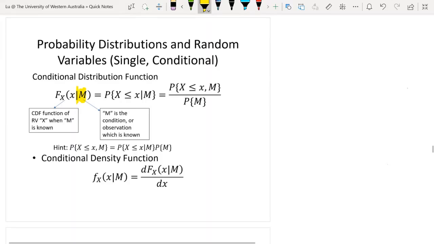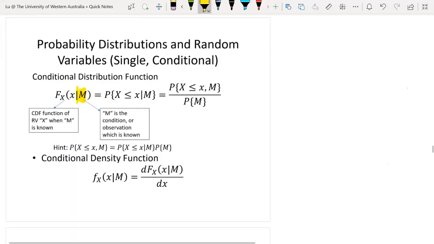So in other words, the conditional distribution function is evaluating the cumulative distribution function of a random variable when some condition is known. This condition and this random variable generally should have some relationship, so the condition can affect the random variable.